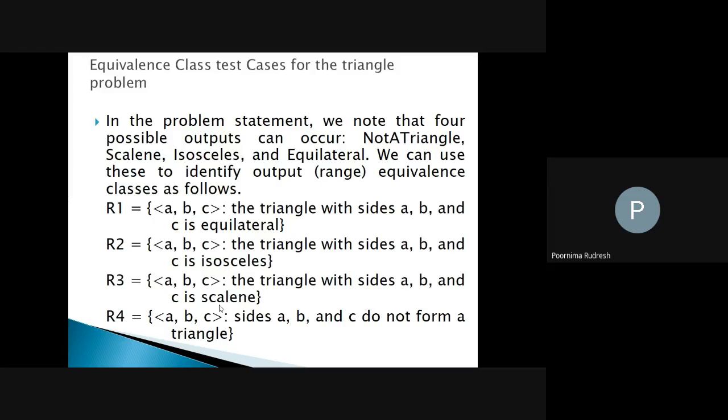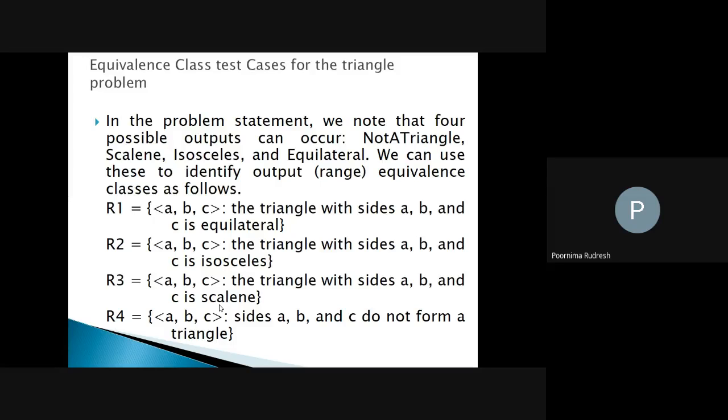Today you have studied what equivalence class testing is and why we require it. To perform equivalence class testing, the important thing is first to construct the equivalence classes, and you have studied how to construct them, and the different strategies of equivalence class testing.